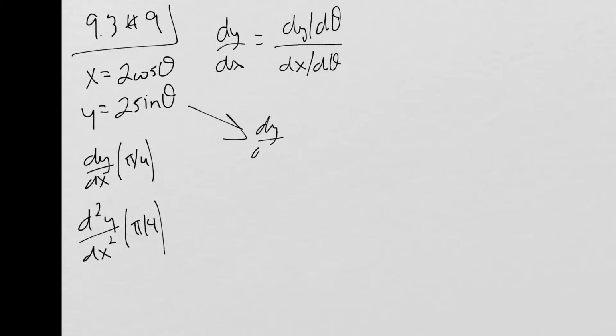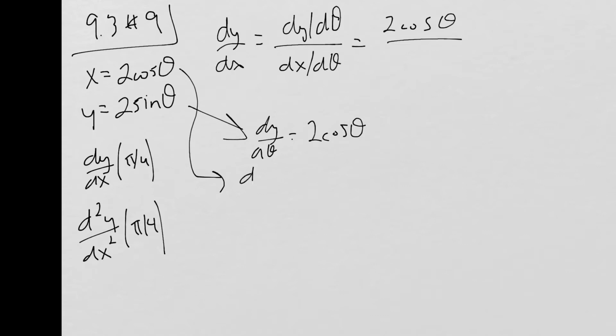Anyway, dy/d theta is equal to, the derivative of that is 2 cosine theta. So I'm going to write that 2 cosine theta over the derivative of this, dx/d theta is equal to, I get a negative 2 sine theta.